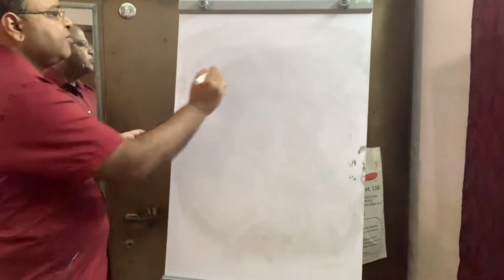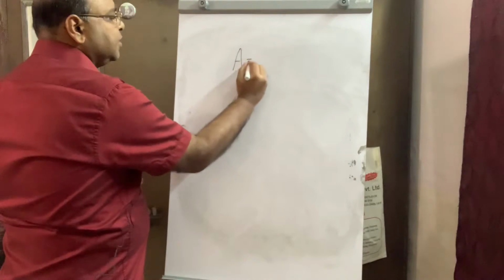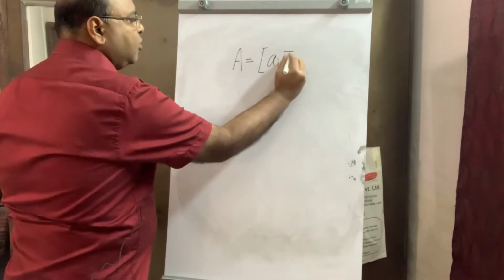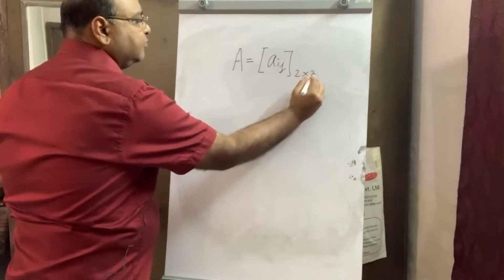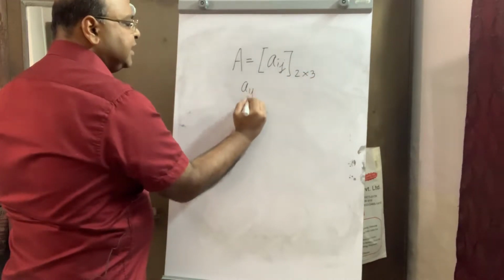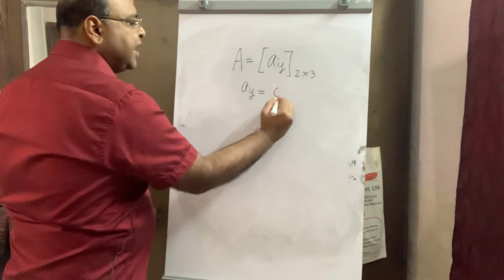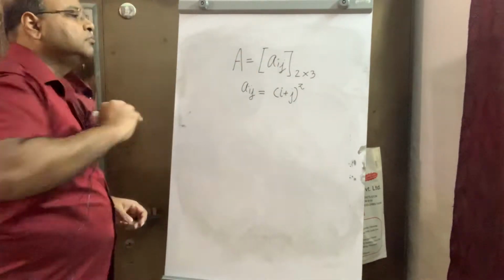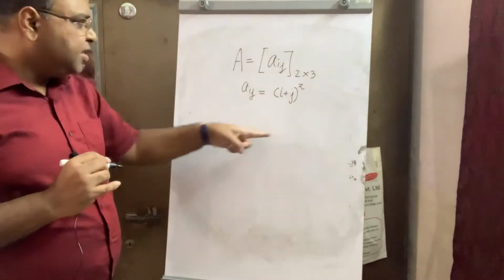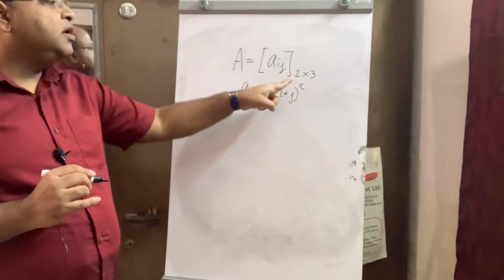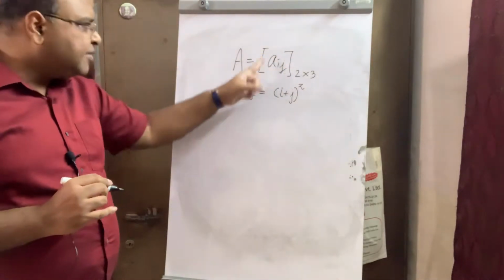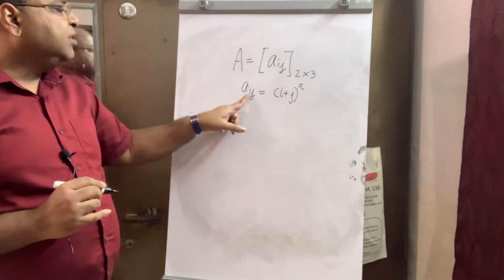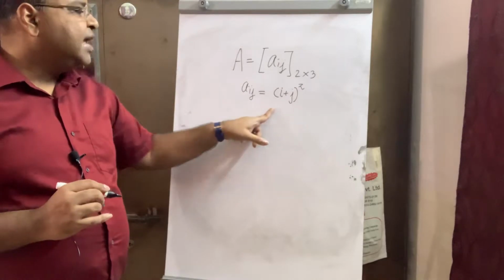Say now we have a matrix capital A given by elements Aij of order 2 by 3, where Aij is defined as a function of i and j, say i plus j whole square. So we can represent any matrix of any order, however large the order may be, in a compact form by assigning a functional relation among the suffixes of the elements.